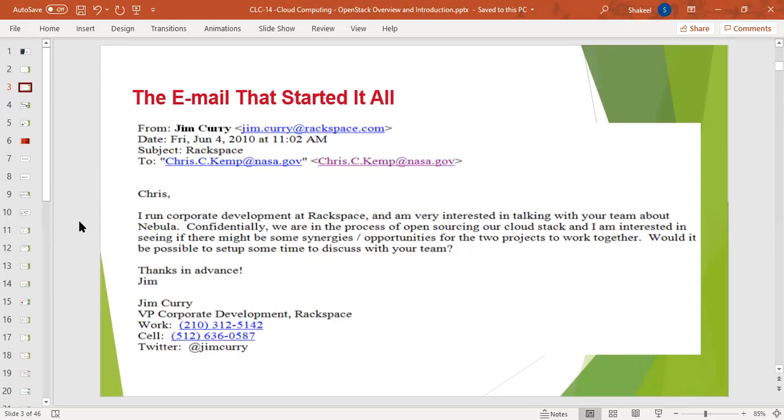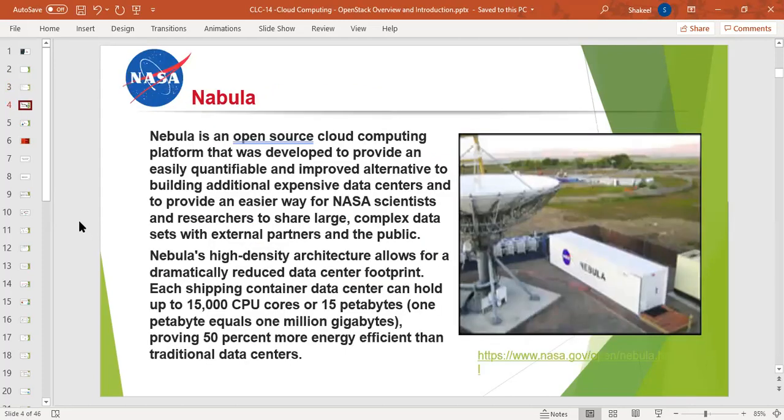Confidentially, we are in the process of open sourcing our cloud stack, and I am interested in seeing if there might be some synergies, opportunities for the two projects to work together. Would it be possible to set up some time to discuss with your team?" This was the email that was written to Mr. Chris for collaboration purposes, and this was the beginning of OpenStack.